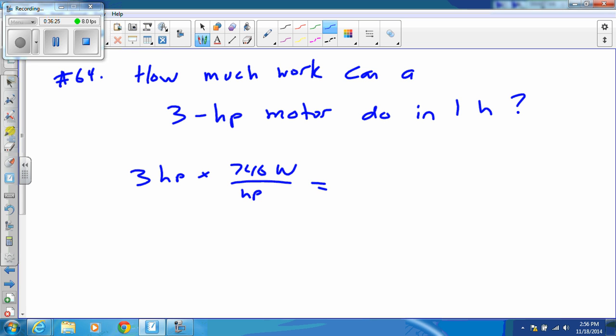Equals 2.238 kilowatts. All right, good. So that reflects the power of the motor. Now, what else do you have?